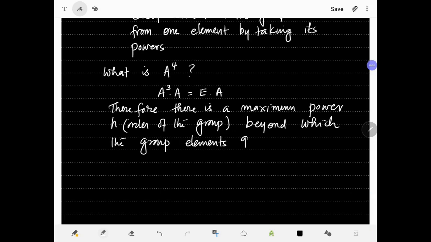That means if you take A to the power 5, what you are going to get is B. If you take A to the power 6, you are going to get the identity element back. Similarly, this gets repeated if you increase the power.